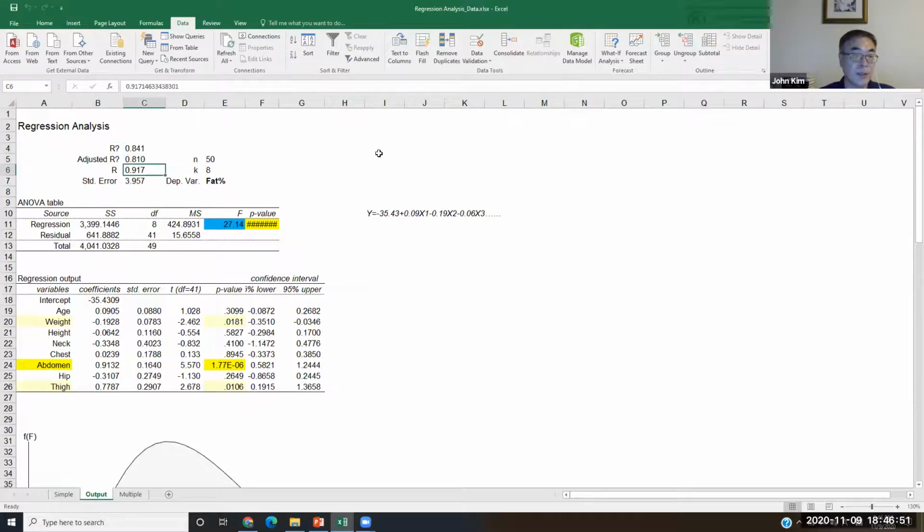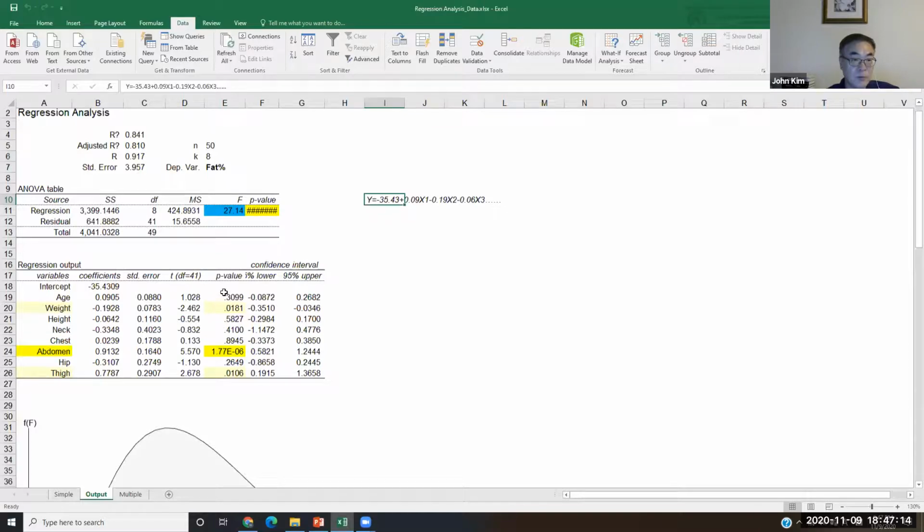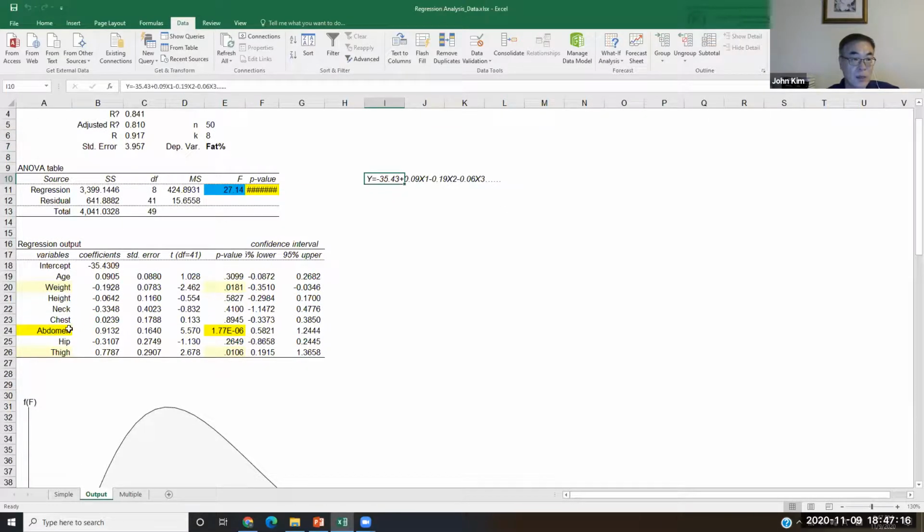So when we look at the R score, 0.917, this equation has a very high positive correlation. But if we use only 3 X variables, weight, abdomen, and thigh, only 3 X variables.